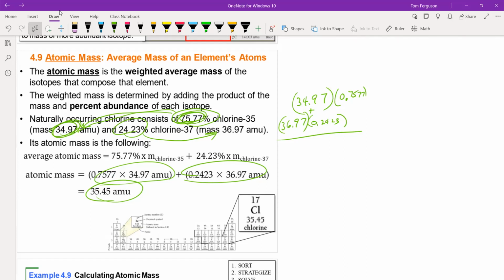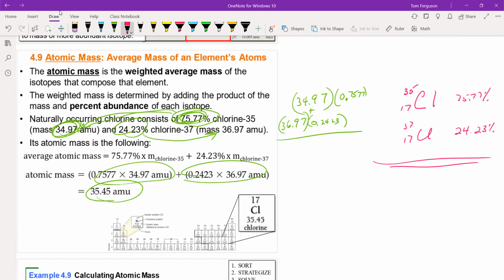So, for example, this one here, looking at chlorine. Those are the two main isotopes of chlorine.